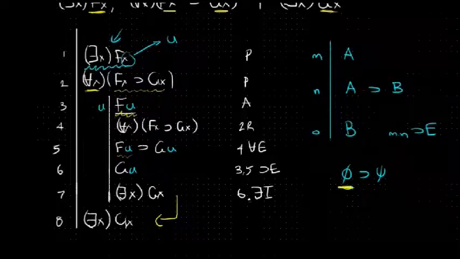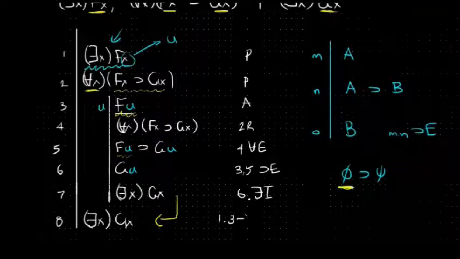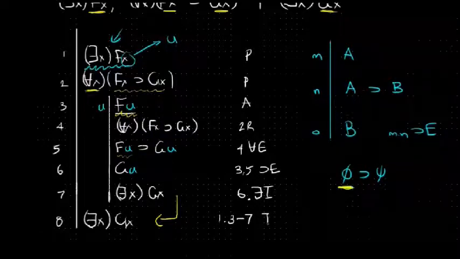So line 8 we get ex gx, and that is going to be from the line that has the existential quantified statement on it, so line 1, and then we want to show a range, so we want to show the scope bar where we did all the work, so 3 to 7, and existential elimination.